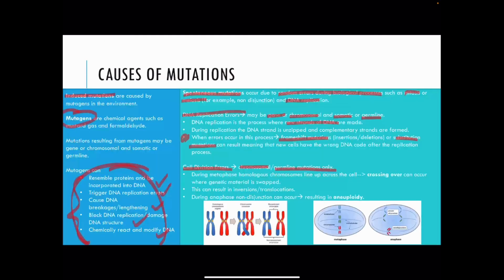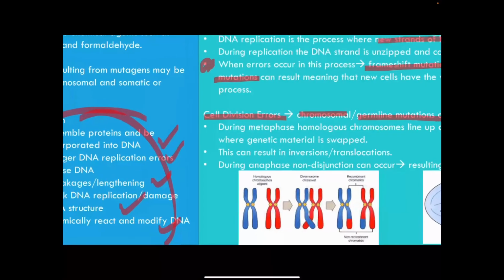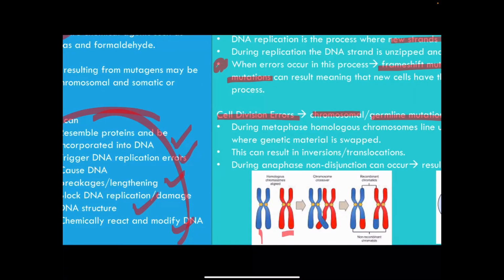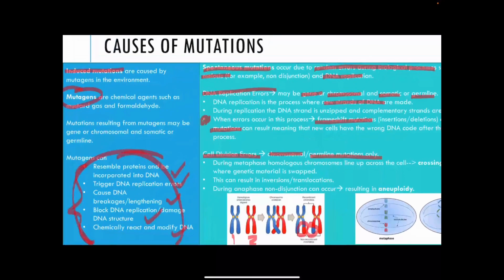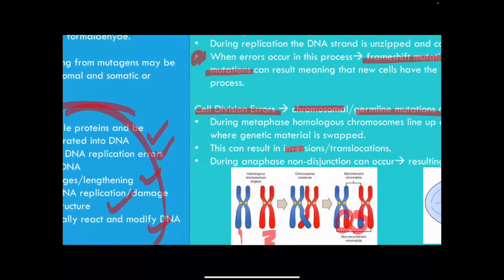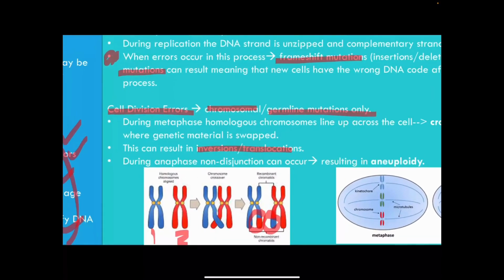Looking at this diagram here, we've got chromosome 1 and chromosome 2 lining up. As we have crossing over, they've exchanged some genetic material down here, and that's going to cause mutations, either inversions or translocations.